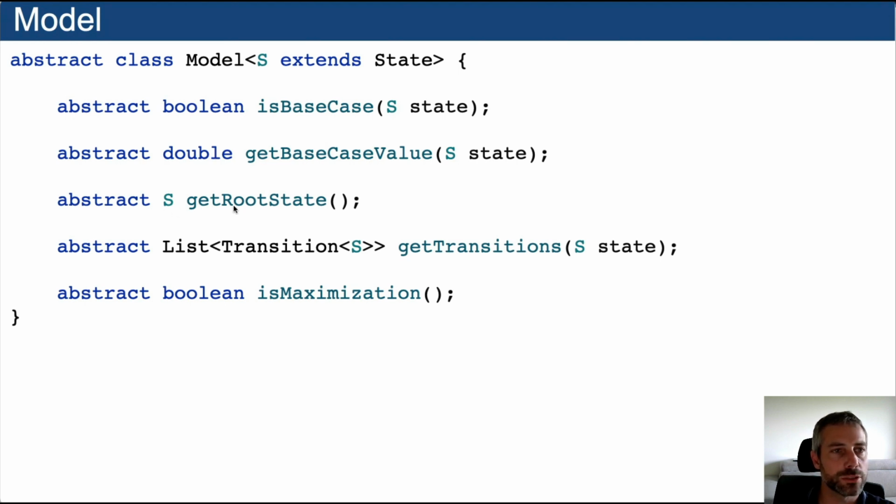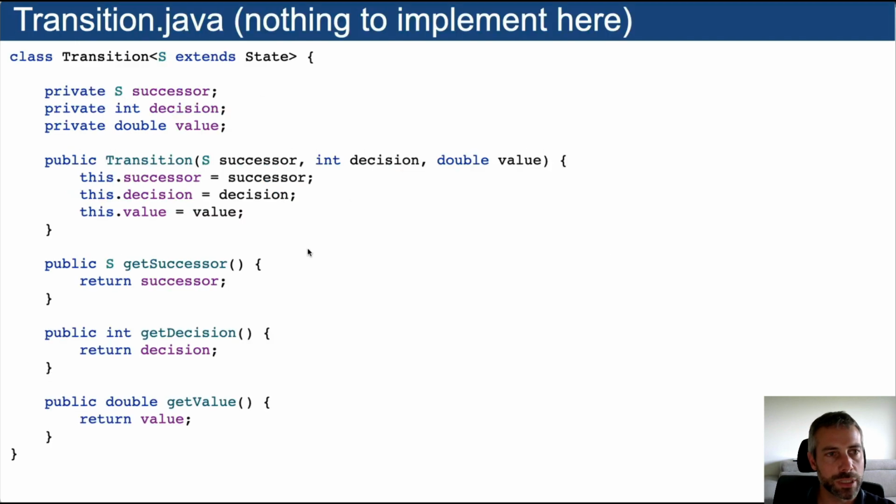Then you have something to generate the root state or retrieve the root state. And then you have this very important function that just generates for you, starting from that node, the list of outgoing nodes. So the list of the transitions here that are going out of that node. And that allows you, because the transition will remember for you the successor state, okay?